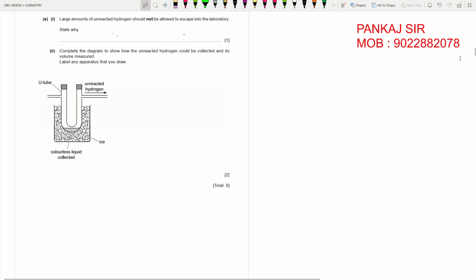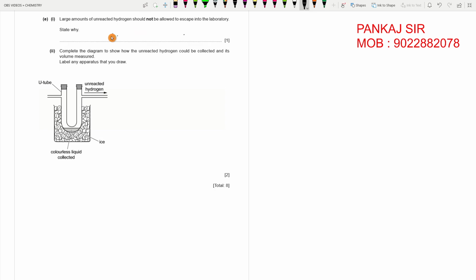Next question is question number 1, subquestion E. Here he says that a large amount of unreacted hydrogen should not be allowed to escape into the laboratory, and state why.